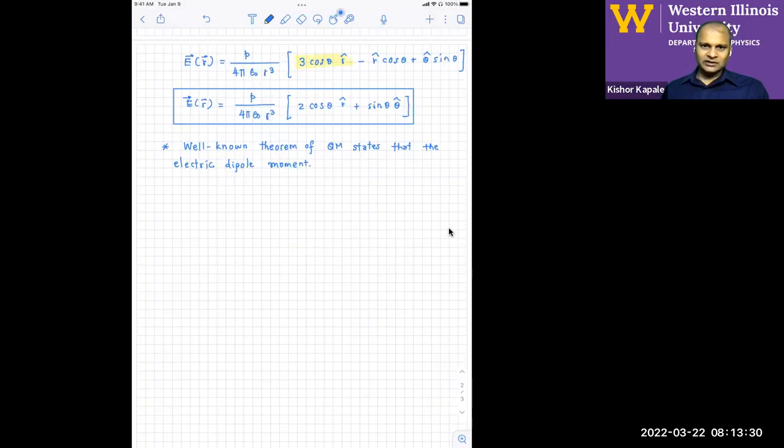So the electric dipole moment of any microscopic system is zero if its wave function has definite parity.